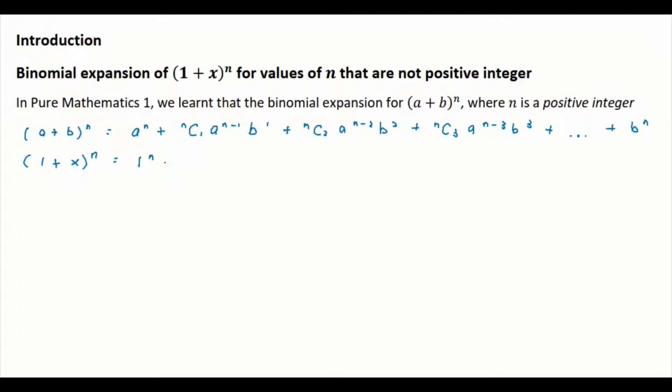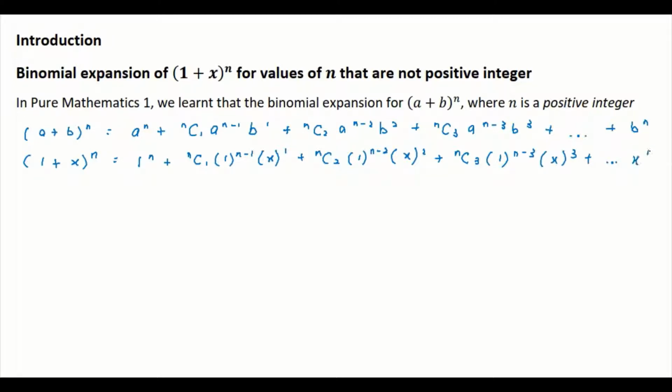So 1^n plus nC1 1^(n-1) x^1 plus nC2 1^(n-2) x^2 plus nC3 1^(n-3) x^3, plus until b is now x. Let's simplify it.